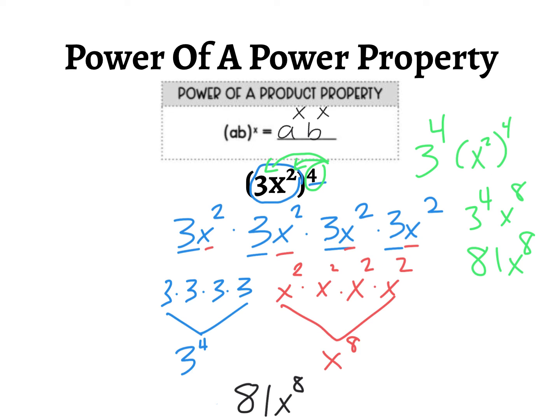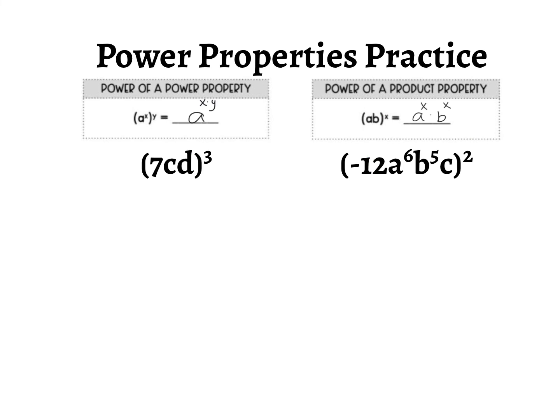Let's try some examples of all of these rules combined. So, let's recap a little bit. Here I have 3 terms. I'm going to raise each of these terms to the third power because I have multiple exponents. So 7, c, and d, all 3 terms will be raised to the third power. That's my distribution. I'm going to distribute the 3 into all these 3 terms.